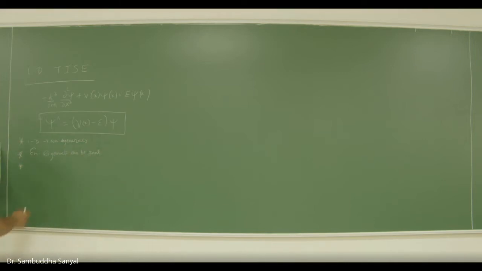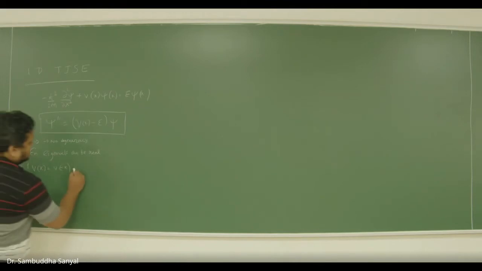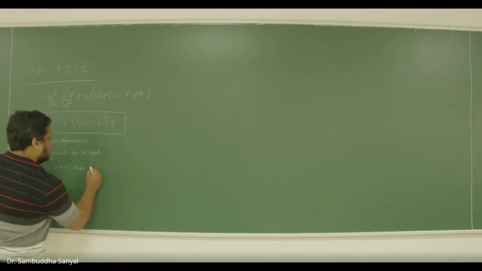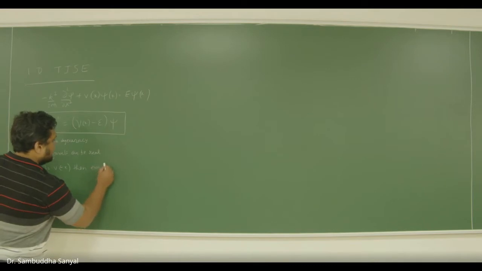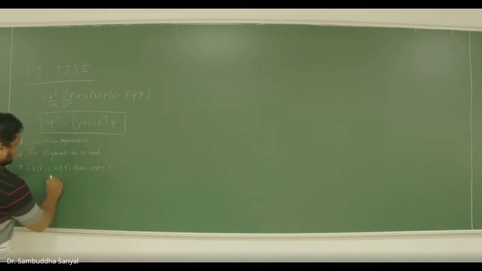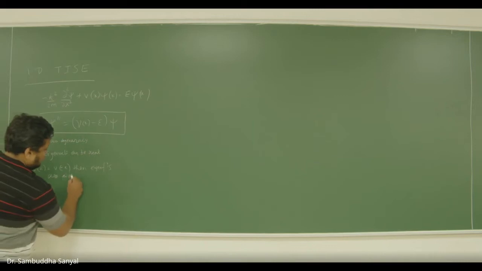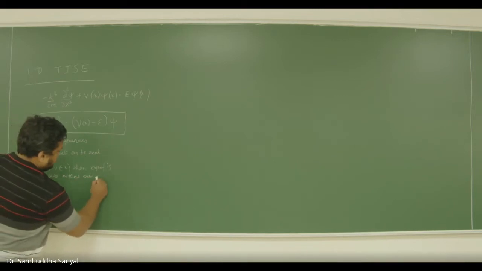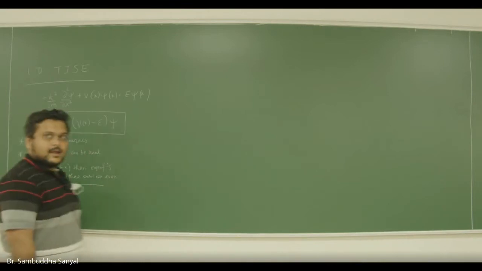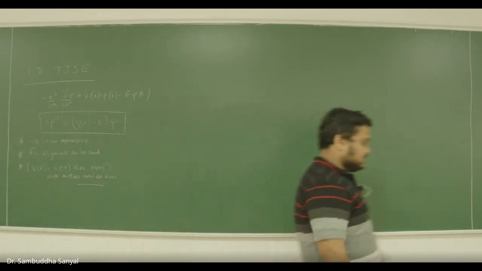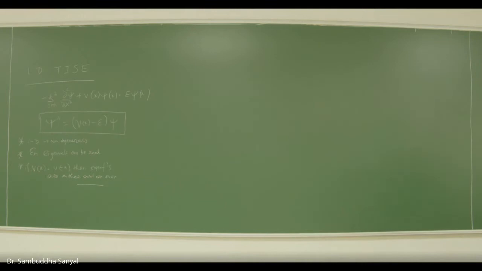And third is that if V(x) is equal to V(-x), then the eigenfunctions are either odd or even.